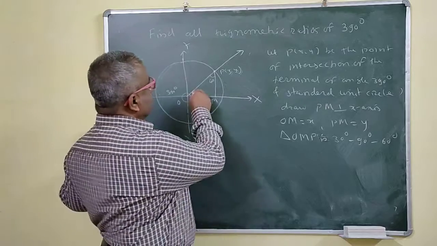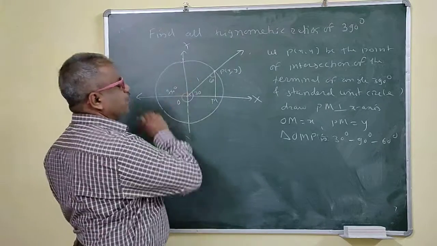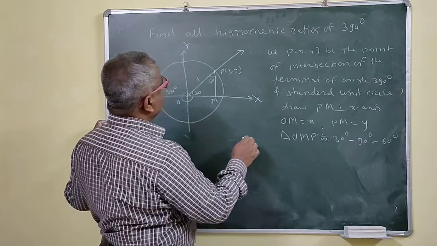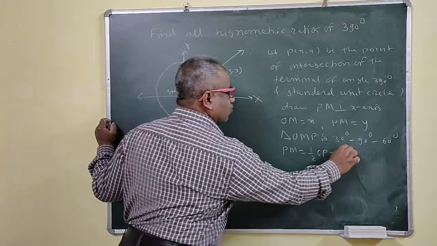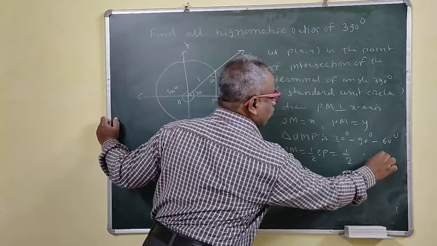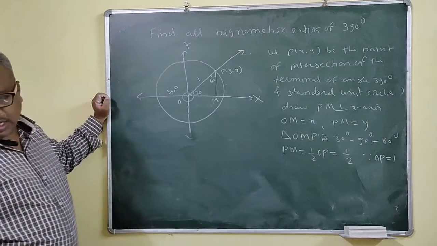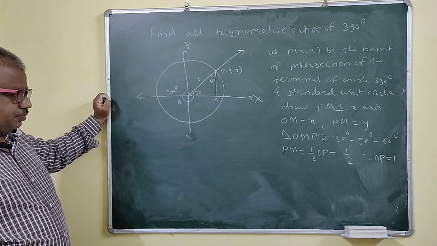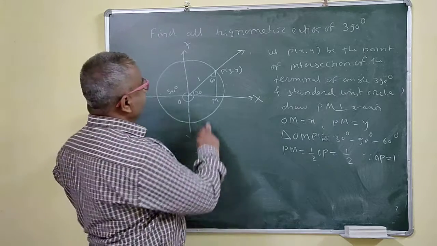So the opposite side of angle 30 is half of the hypotenuse. So your hypotenuse is 1. So the opposite side, PM, is nothing but 1/2 OP. So this is 1/2, since OP is equal to 1, because OP is the radius of the standard unit circle. Okay. So now we get PM.